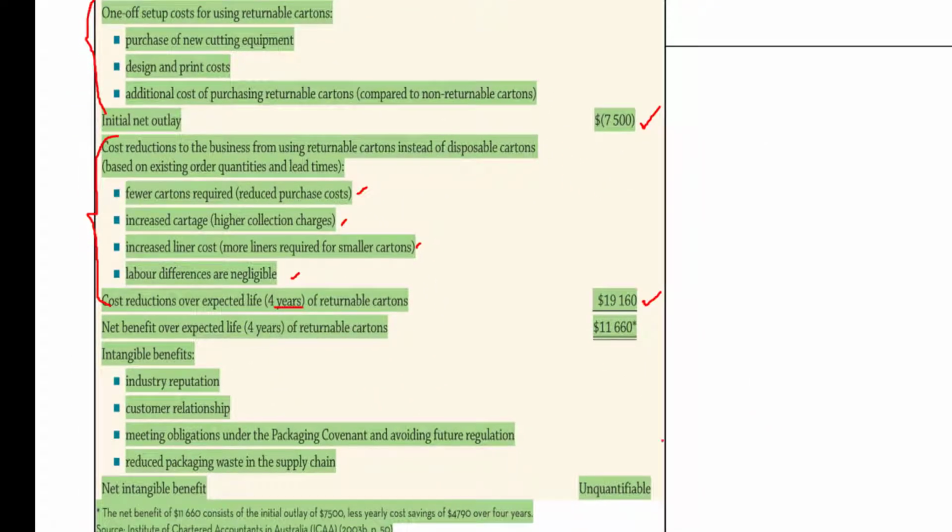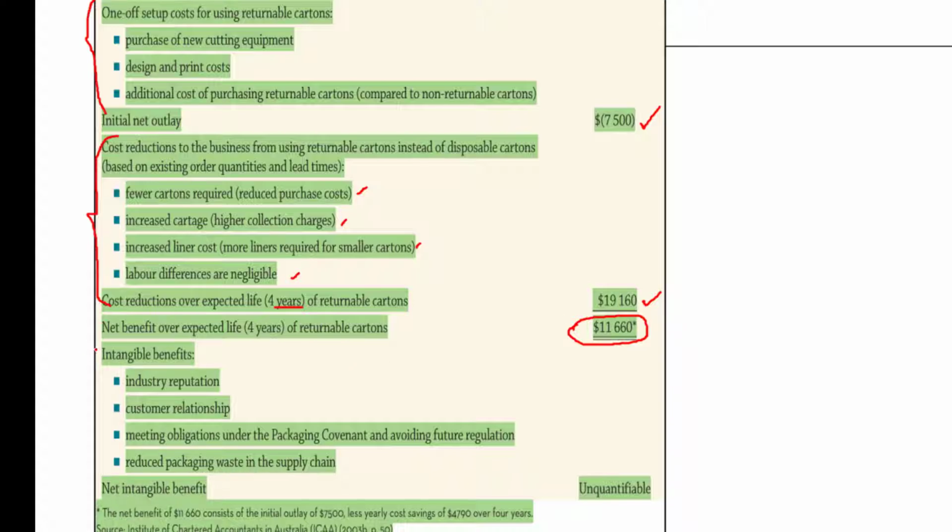So the net benefit over the expected life of 4 years is still 11,660. All right, so then that means this is actually a highly beneficial endeavor to change to the new packaging.